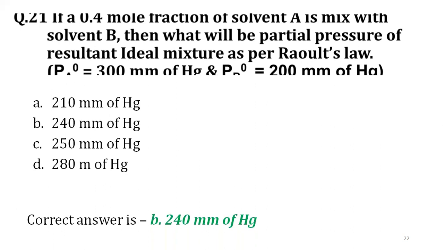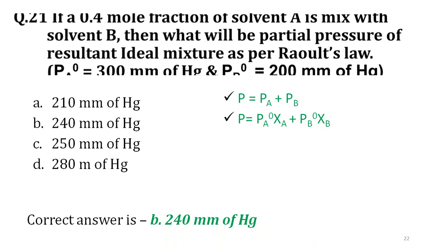How is it calculated? Raoult's law for an ideal solution says the partial vapor pressure of each volatile constituent is equal to the vapor pressure of the pure constituent multiplied by its mole fraction. There are two components, A and B. So we can write the vapor pressure of the solution is equal to the partial vapor pressure of A plus the partial vapor pressure of B. As per Raoult's law, instead of PA we can write PA0 multiplied by XA.